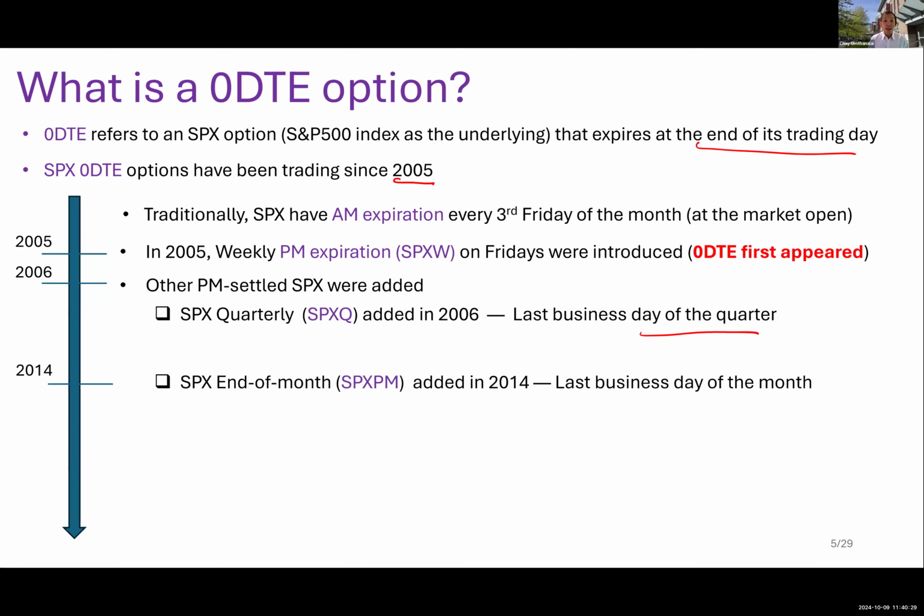In 2014, CBOE introduced the end of the month PM settlement style. These end of the month options would expire on the last business day of the month. And importantly, these two products do not expire on a specific weekday. They will expire on the last business day of the month, which means that we observe cross-sectional variation in the days that zero DTE would have expired.